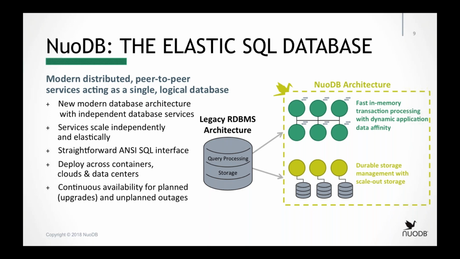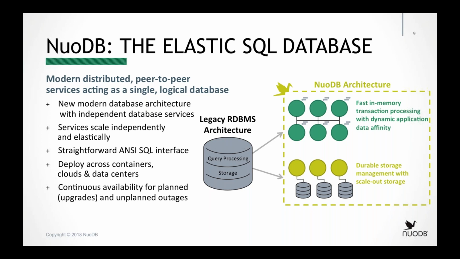In doing so, each TE has a fast in-memory cache, and TEs can be assigned to applications dynamically based on application affinity. One application may run better on one TE with more memory, so each one can be configured based on an application's need.